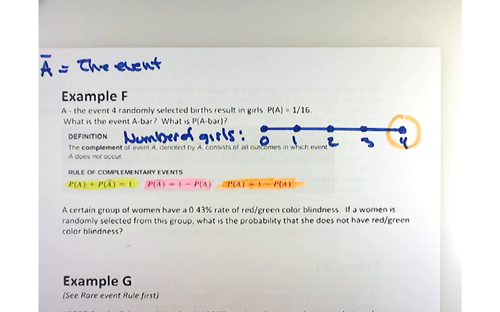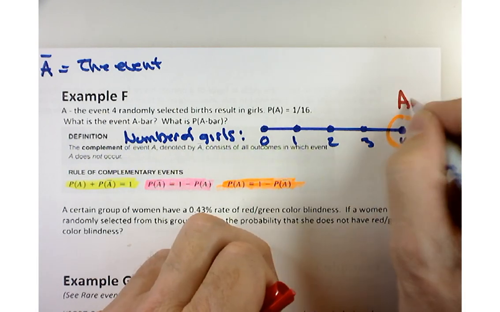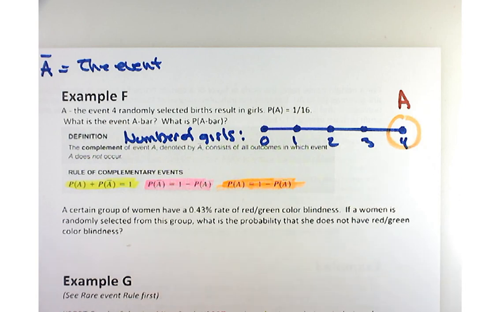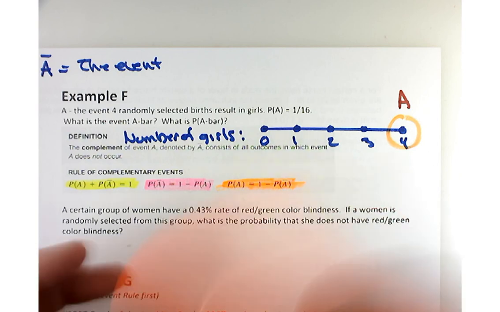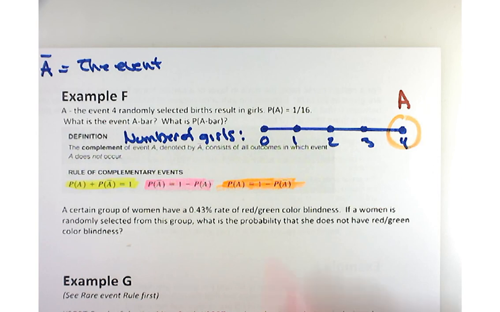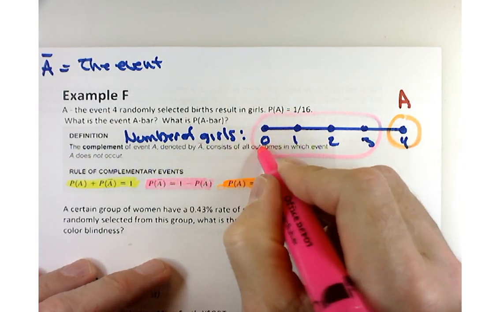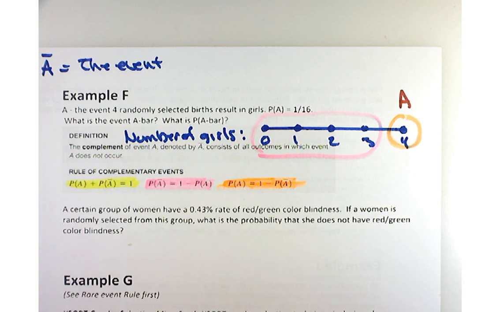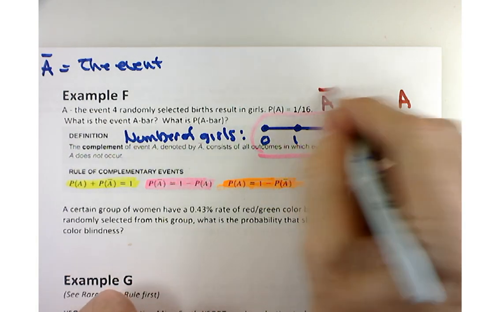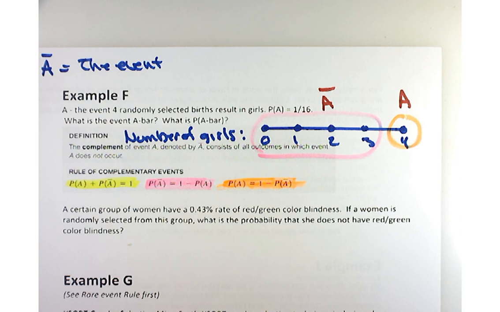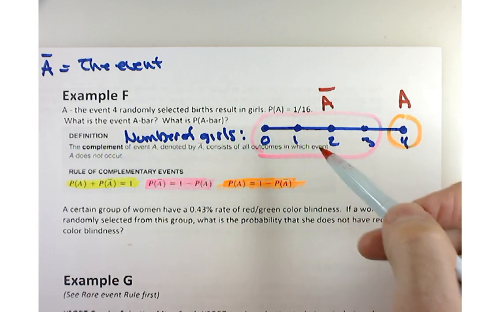That's my event A. So everything else is A bar. So you got A or A bar.